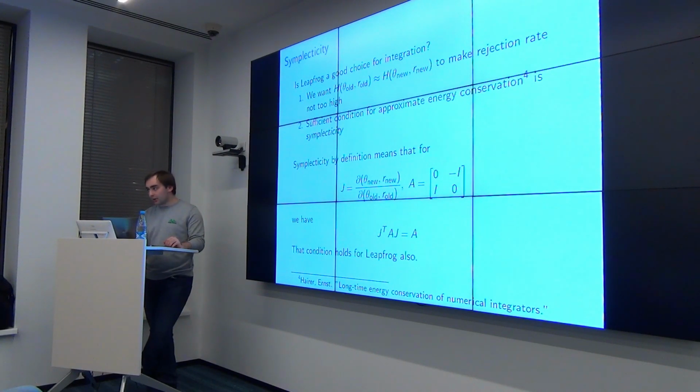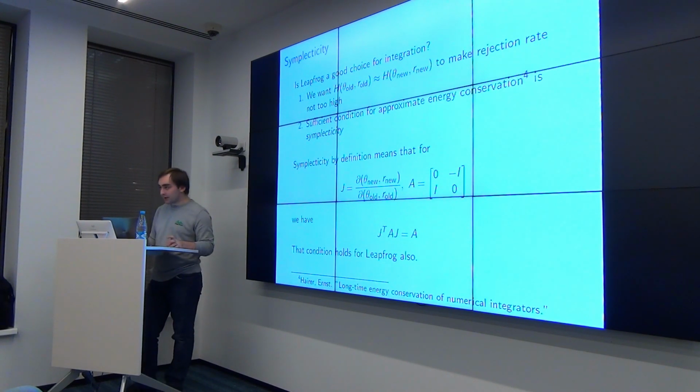It's some quite technical condition. You can prove by the definition that leapfrog is symplectic. And so it conserves energy approximately, but the error is not high, and so the rejection rate will also be quite small.